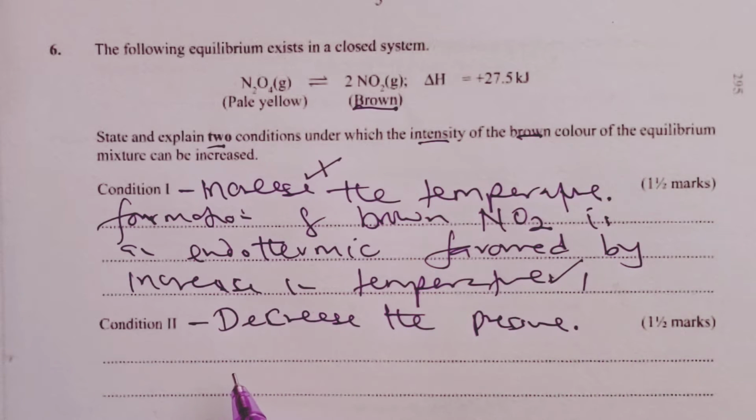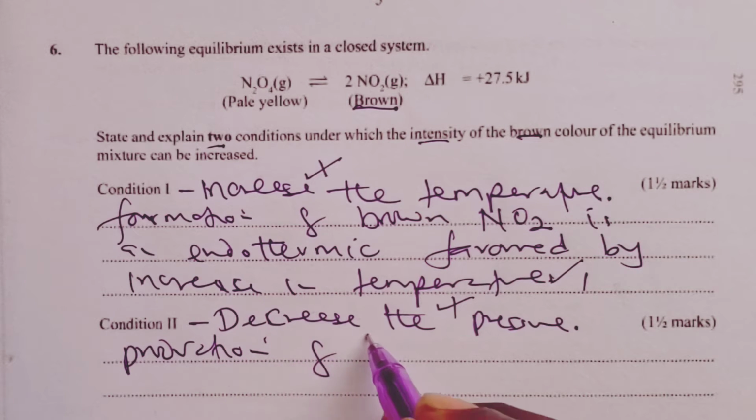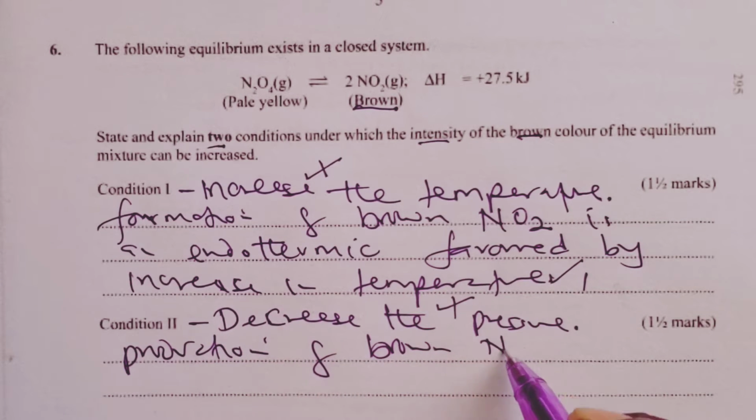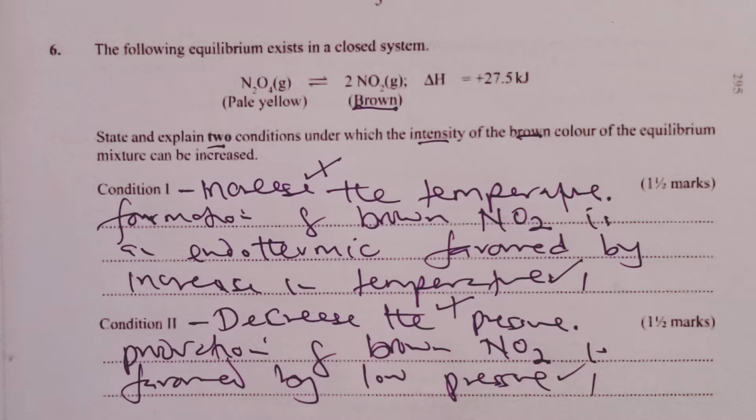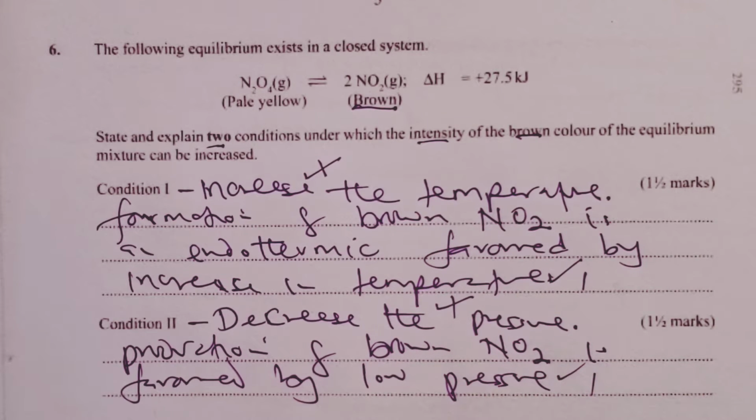So after identifying the factor for half a mark, we'd go ahead and explain that production of brown nitrogen dioxide is favored by low pressure for 1 mark, totaling 3 marks for question number 6.